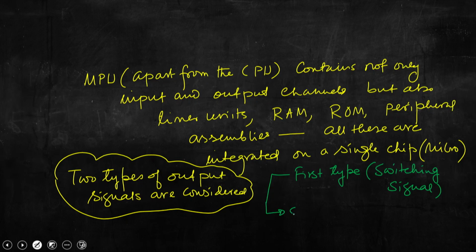Second type is known as pulse width modulated or PWM.